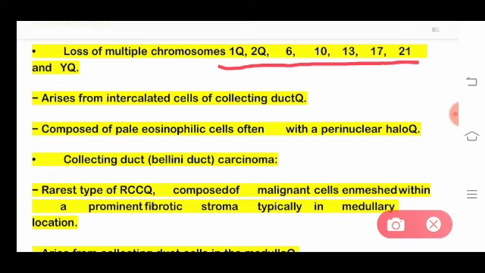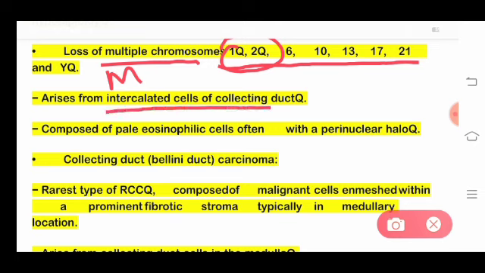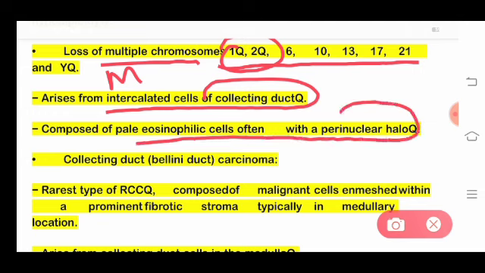You need not remember all of them. You only need to remember multiple chromosome loss, and here 1 and 2 have already been given in the option, so you can just go through it. It arises from intercalated cells of the collecting duct and is composed of eosinophilic cells with a perinuclear halo.